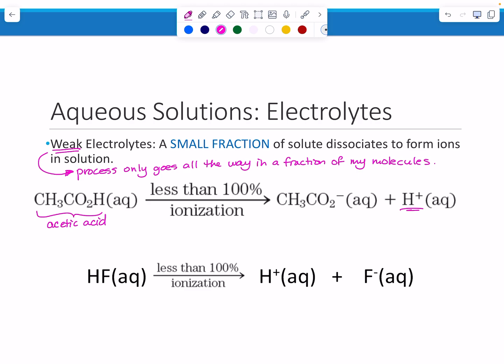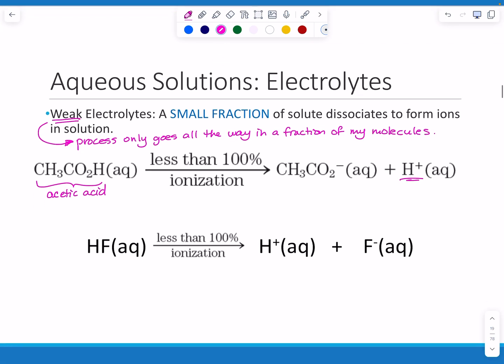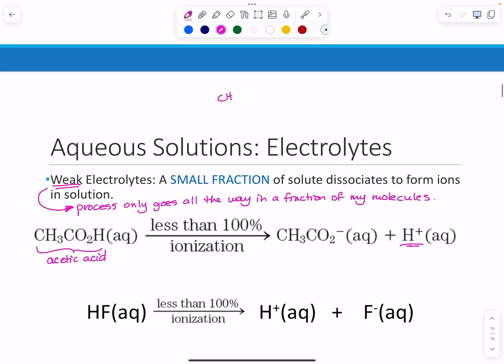So let's see if we can draw this out. So let's make CH3CO2. I'm going to draw an assortment of my molecules.